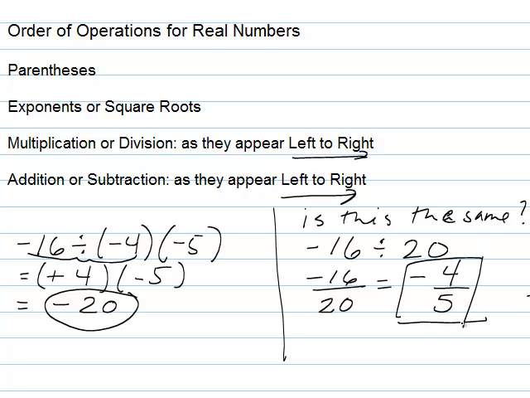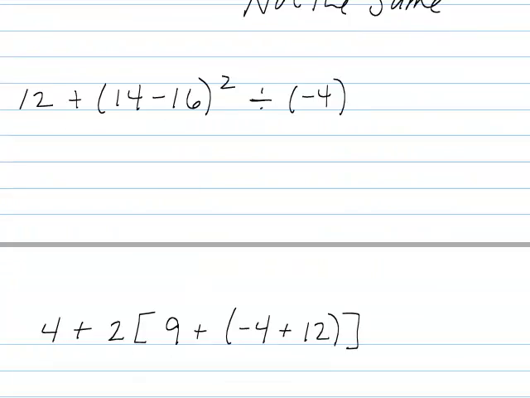So is negative 4/5 the same as negative 20? It is not the same. And that is why we follow the rules, because we want to make sure we get the correct answer. They are not the same. Okay, let's do some more, and we'll just follow the rules and see what we get.